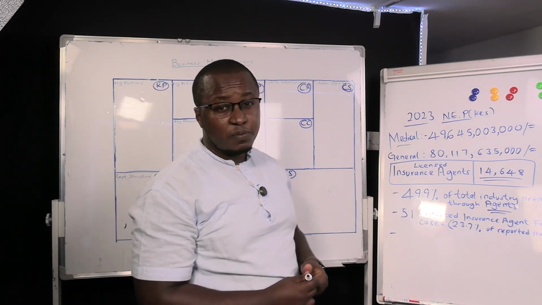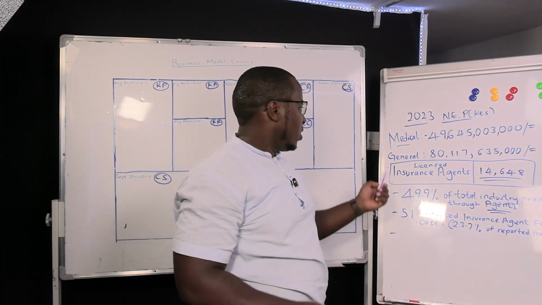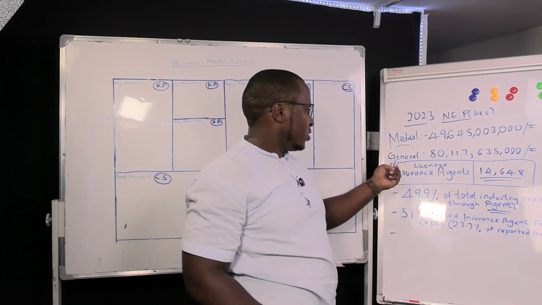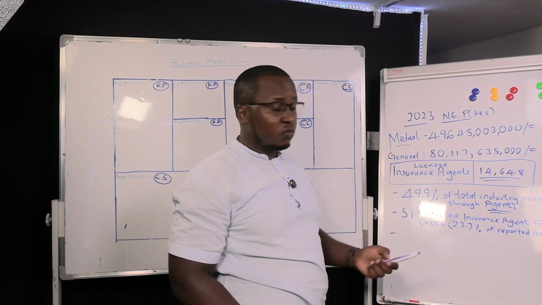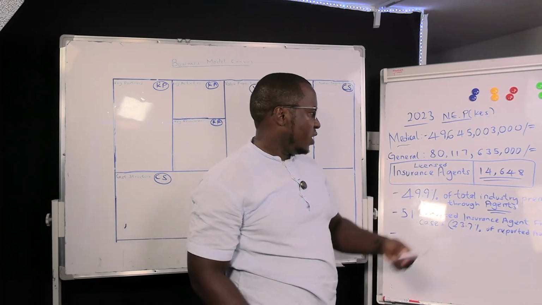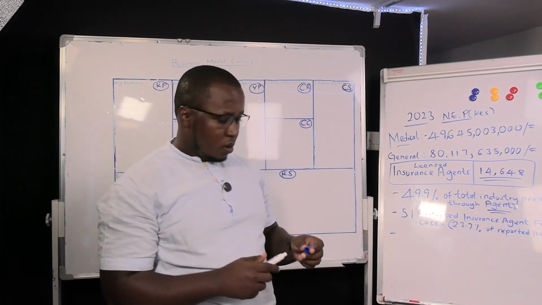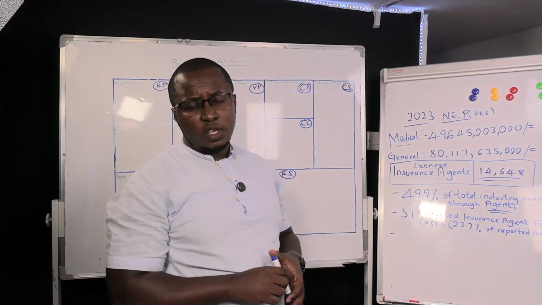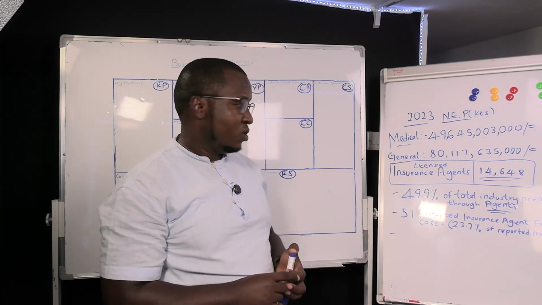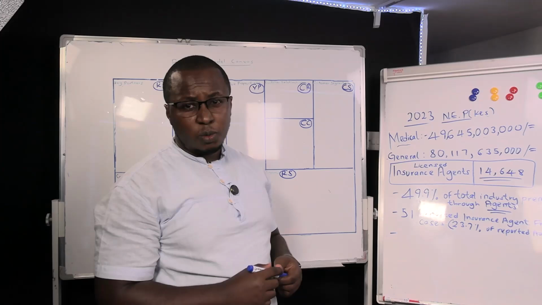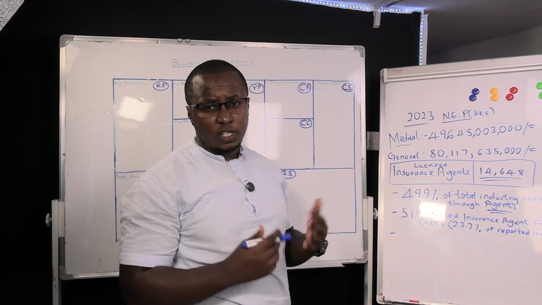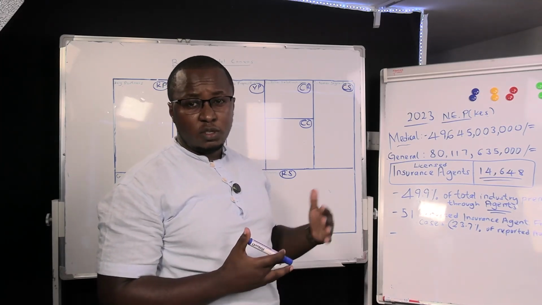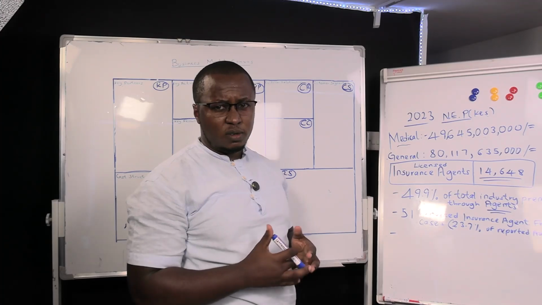This was the net earned premium, and under the other lines of general insurance, they had 80.1 billion Kenya shillings in net earned premiums. So that's quite a huge amount, showing there's an existing market for these types of covers within the Kenyan market.